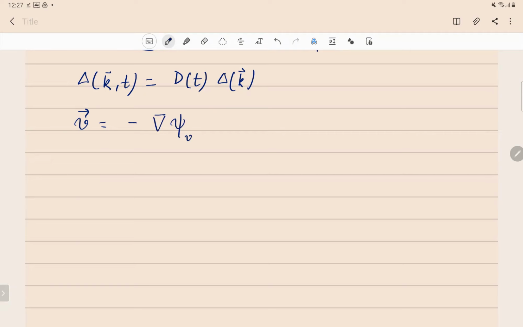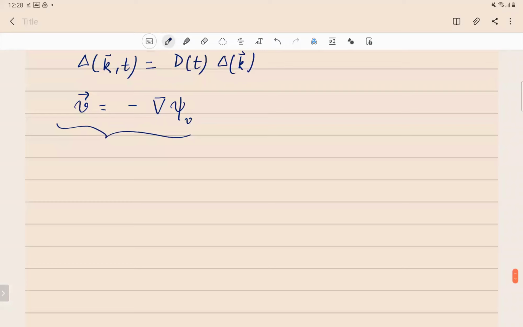Even if you add some piece to this velocity which is a curl, we saw that under cosmological evolution in linear theory that will fall off as 1 over a. So we will assume that peculiar velocities are of the form of a gradient.